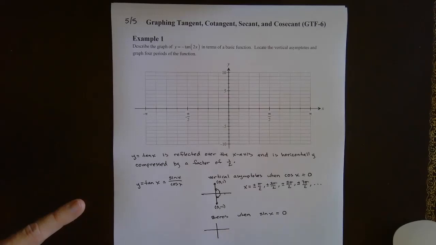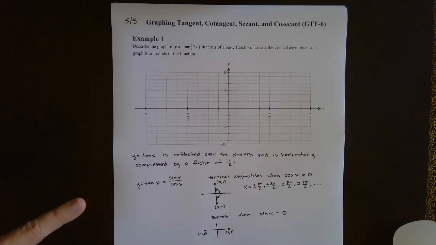So the only time that the sine ratio will be 0 is when the y coordinate is 0. And that happens right here at angle 0, at angle pi, angle 2 pi, 3 pi, 4 pi, 5 pi, 6 pi, 7 pi, 8 pi, and so on, right? So this would be 1 comma 0. And this one right here would be negative 1 comma 0.